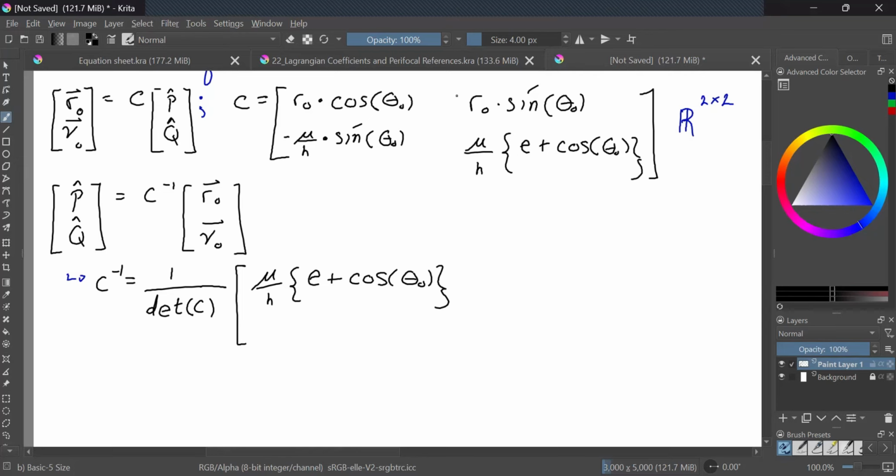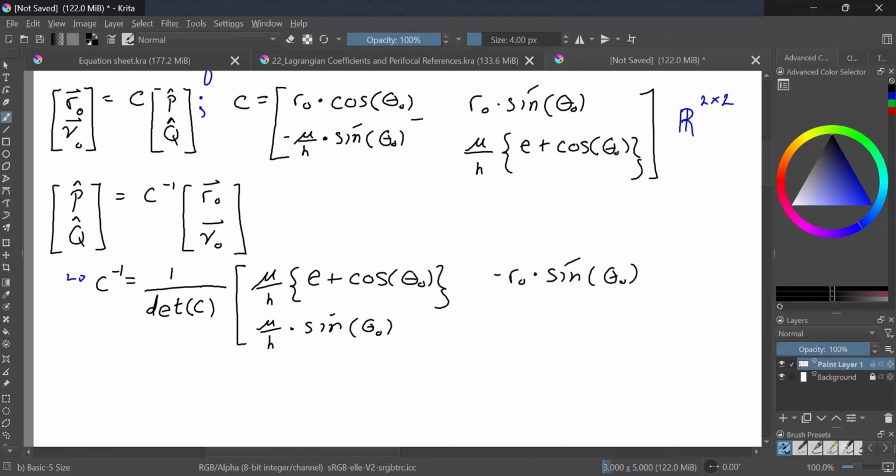Anyway, so we're swapping these two around. Now we need to negate these two. So that becomes positive mu by h times sine theta naught, new column, minus r naught times sine of theta naught, down one row.